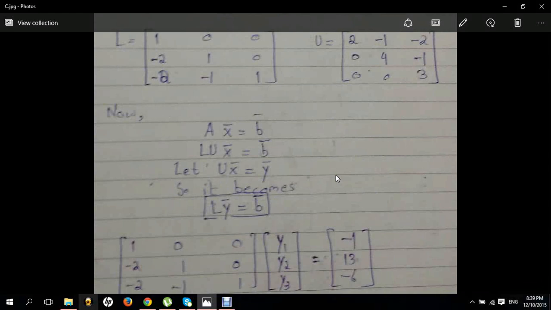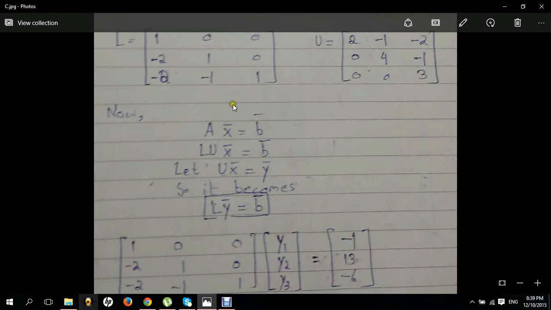Now, in order to find our roots, we have to do this first. Matrix A when multiplied by another matrix gives us a constant matrix.